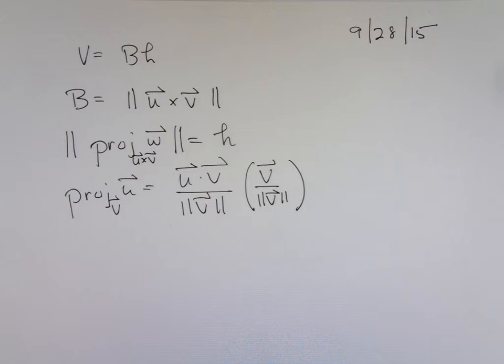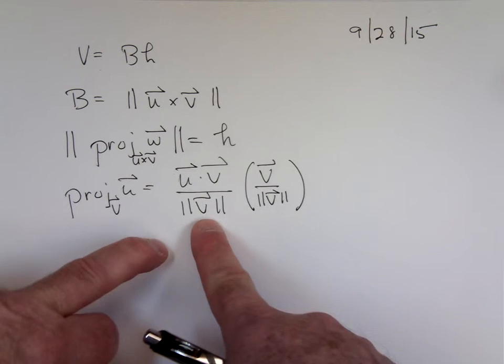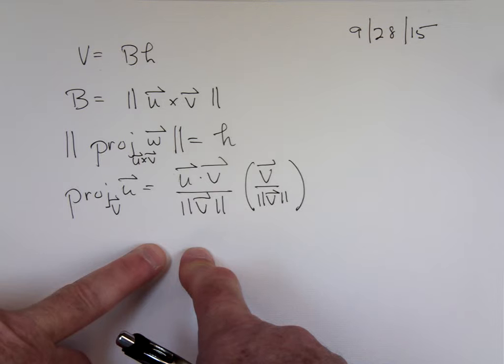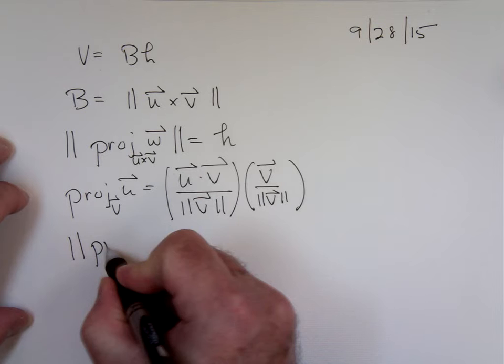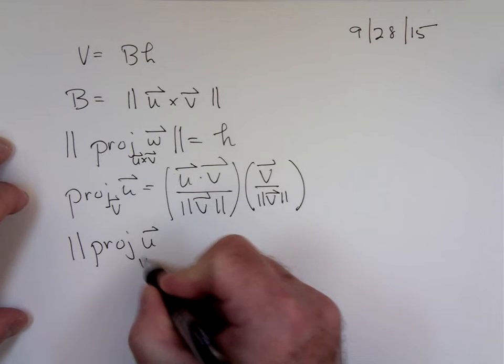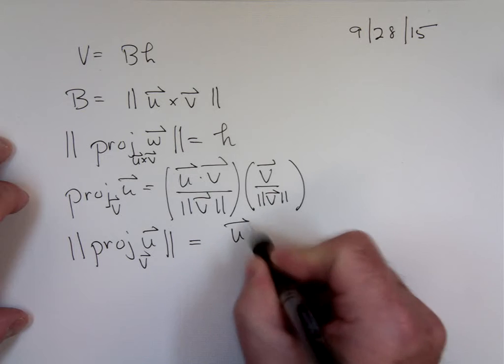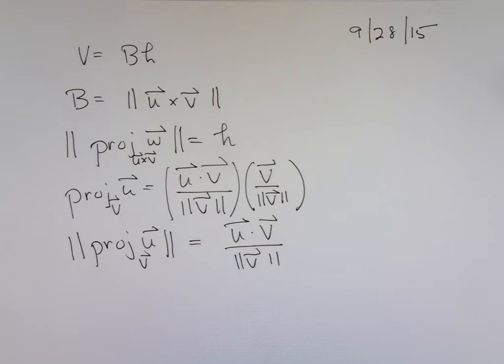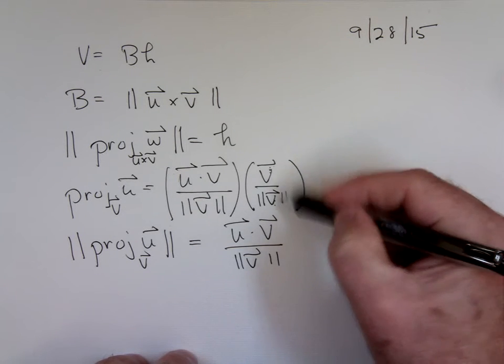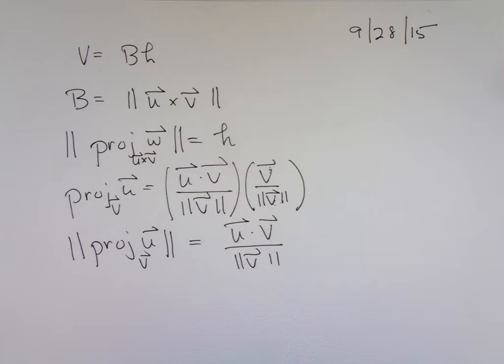We said this was K, and we found out what K was using the cosine of the angle. This quantity is the magnitude of the projection, the length of that projection, and we multiplied it by the unit vector in the direction of V to get our projection, because that magnitude stretches the unit vector out to be the projection that we wanted.